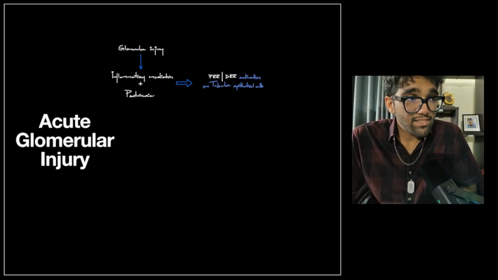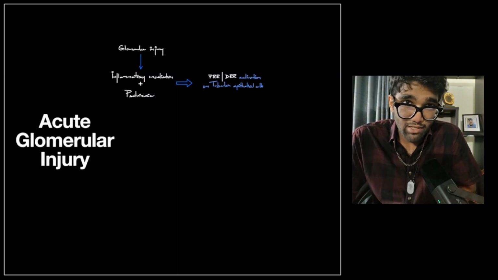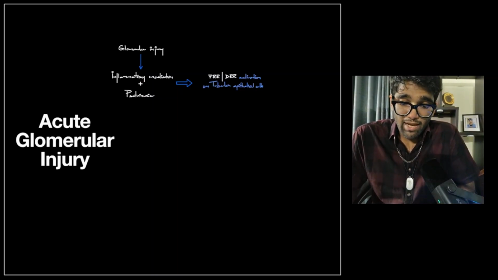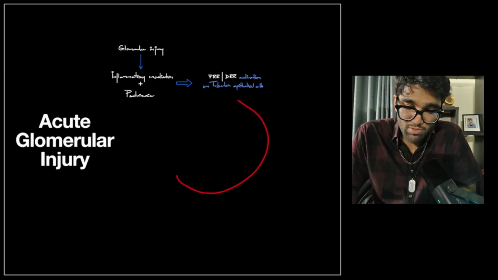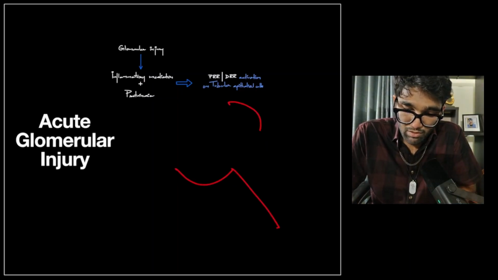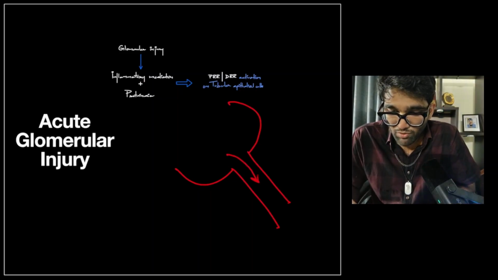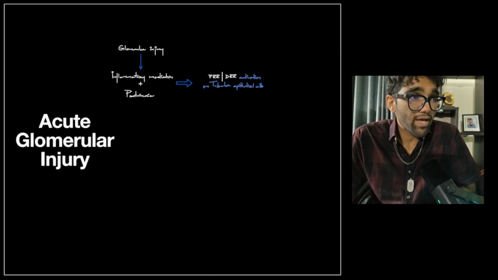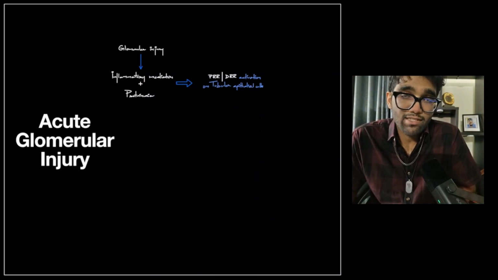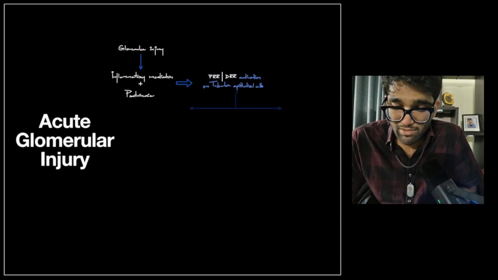However, what that results in is all of these inflammatory mediators getting filtered, or you wouldn't call that filtered, escaping into Bowman space. And once they've entered into Bowman space, they then progress to the lumen of the tubule, and within the lumen of the tubule, they activate pathogen recognition receptors and damage recognition receptors, your TLRs, CLRs, RLRs, and LLRs on the tubular epithelial cells, not NLRs.